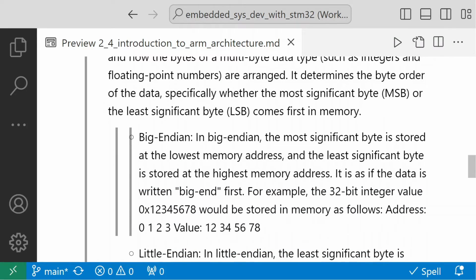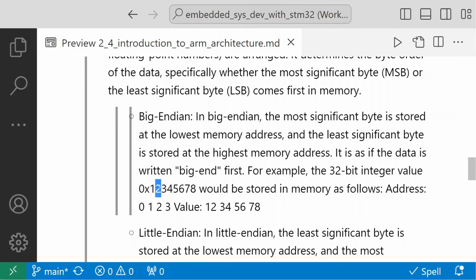Big endian. In big endian, the most significant byte is stored at the lowest memory address, and the least significant byte is stored at the highest memory address. It is as if the data is written big end first. For example, the 32-bit integer value 0x12345678 would be stored in memory as follows. At addresses 0, 1, 2, 3, the values are 12, 34, 56 and 78.